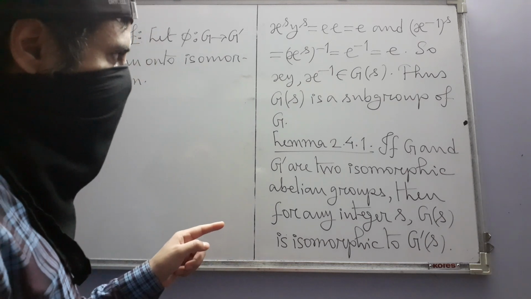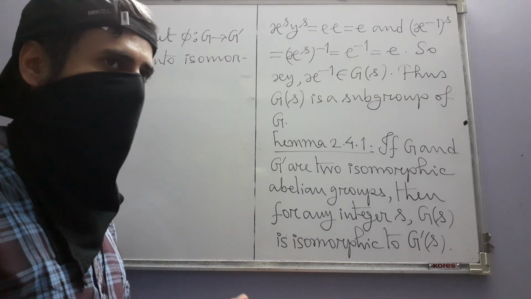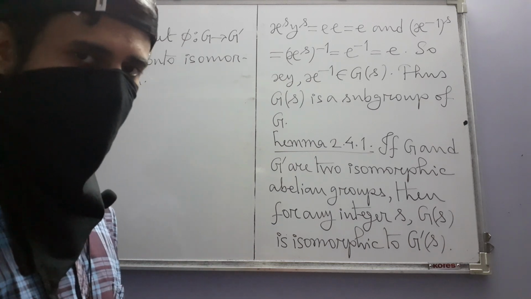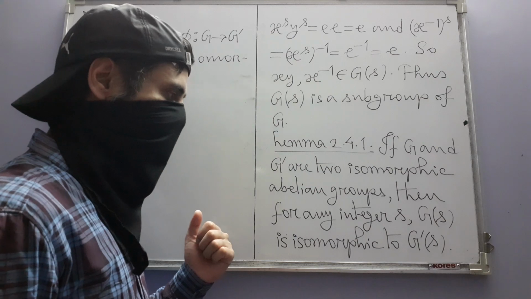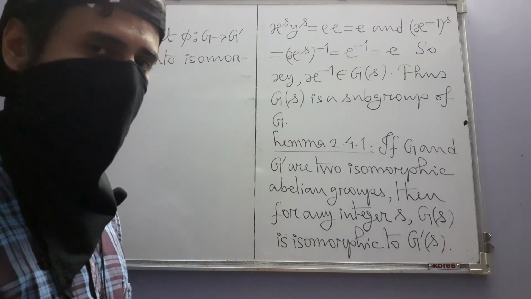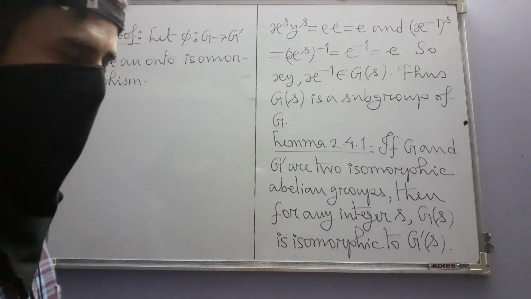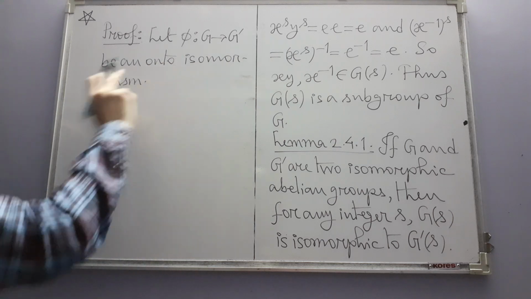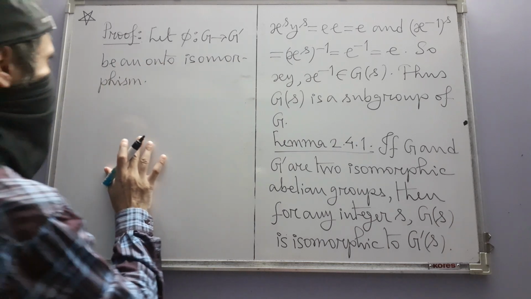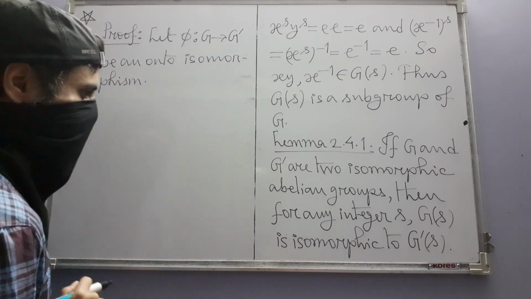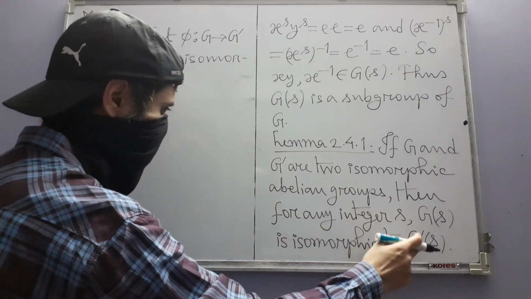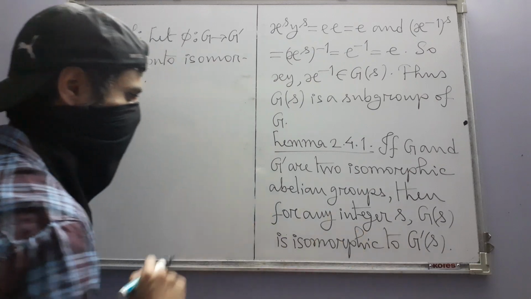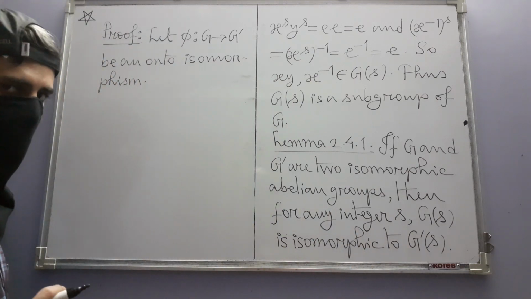However, in Herstein's book, isomorphism by definition is only one-to-one. A one-to-one homomorphism has been defined to be an isomorphism by Herstein. That's why we are separately writing onto. Now we need to prove that there exists an isomorphism between G_s and G prime_s, which is also onto.